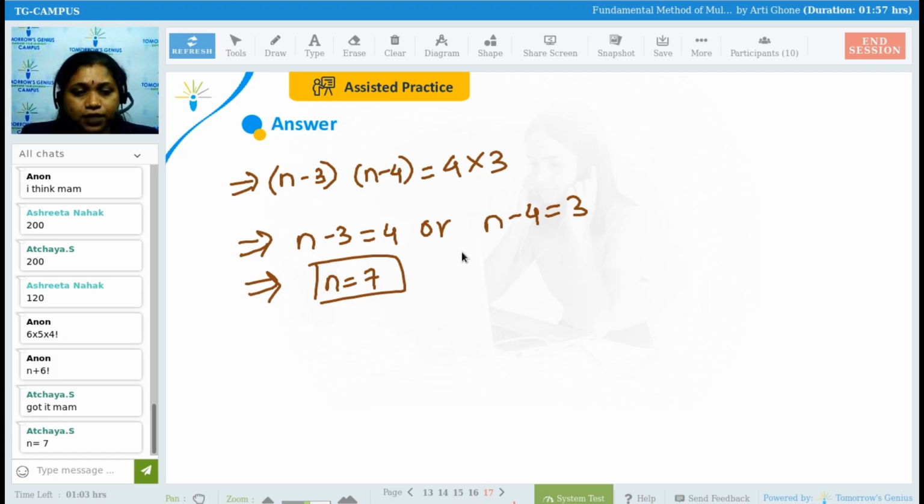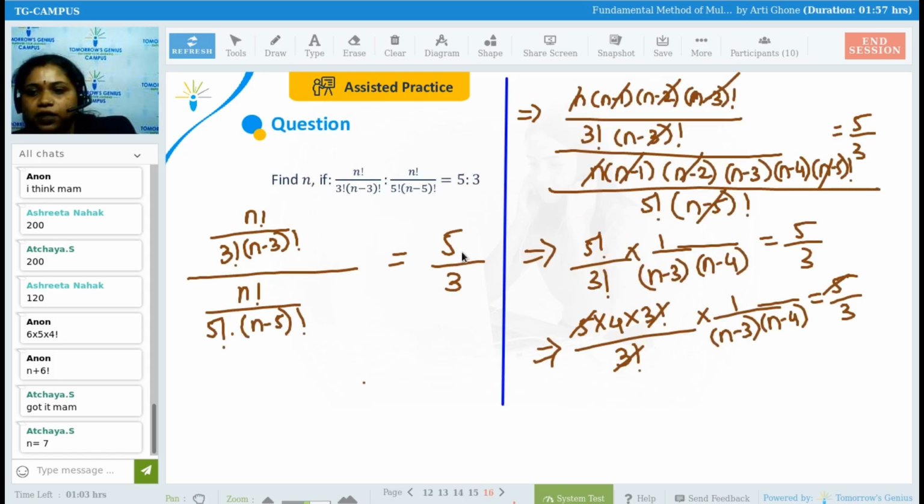Now just pay attention. What is exactly the needful thing in this pattern? First thing, students many times get confused about what to cancel and what to resolve, which one is the big factorial and which one is the small factorial. Don't multiply any bracket.